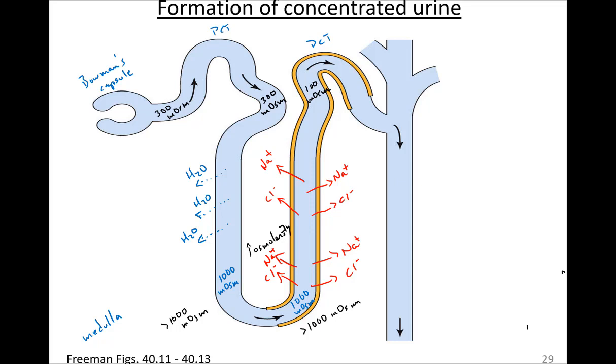An important point that is maybe hard to recognize in this cartoon version is that all of these tubules are kind of packed in next to each other. So if you think about a box of soda straws in different colors, all sandwiched in next to each other, where the bright red ones represent the ascending limbs of the loop of Henle, green soda straws represent the collecting ducts, and blue ones represent descending limbs of the loop of Henle.